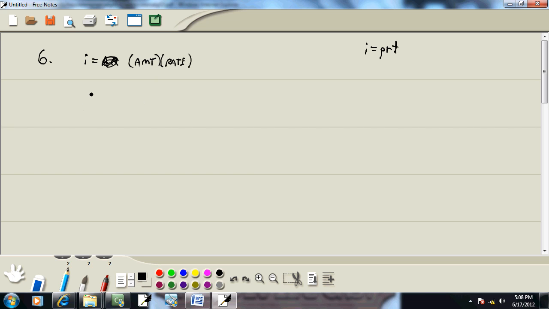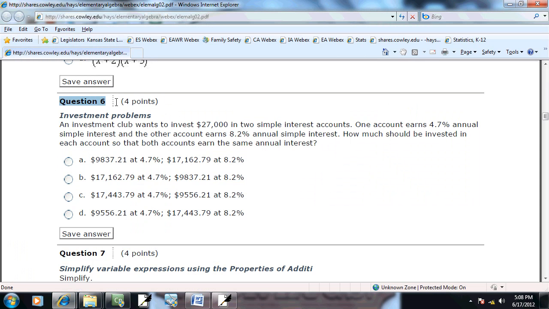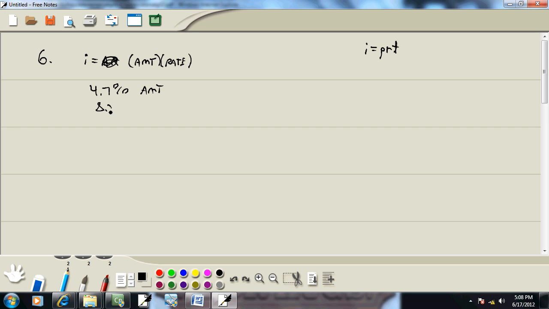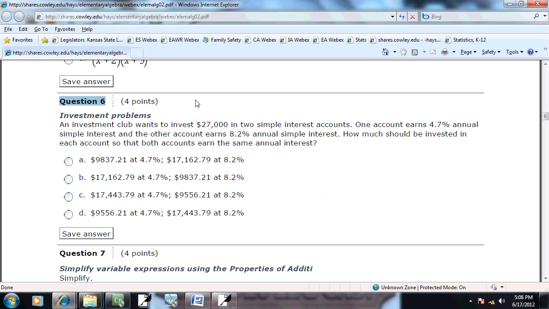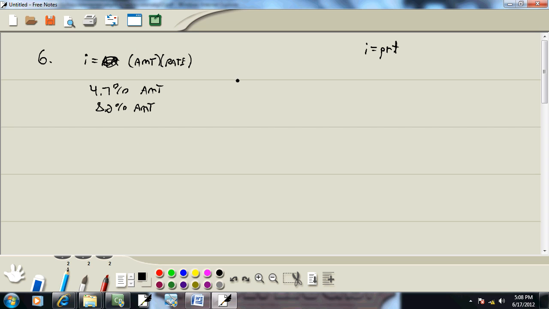Okay, so we're going to have two accounts. We'll have our 4.7% amount, and we'll have our 8.2% amount. Now total, they add up to 27,000.